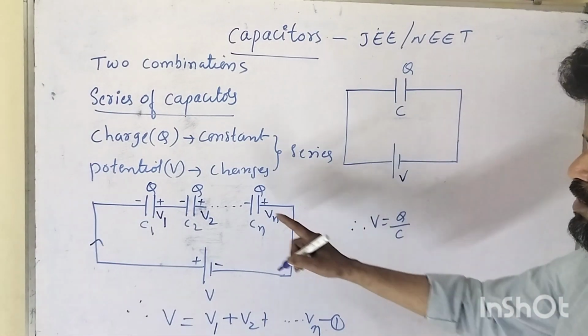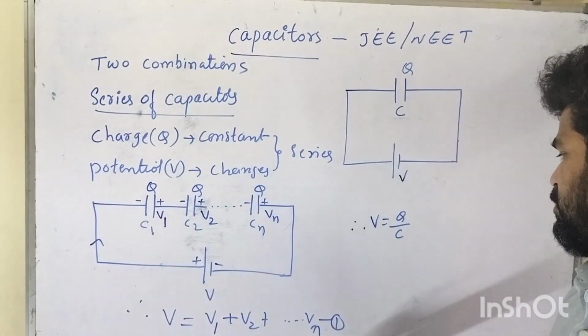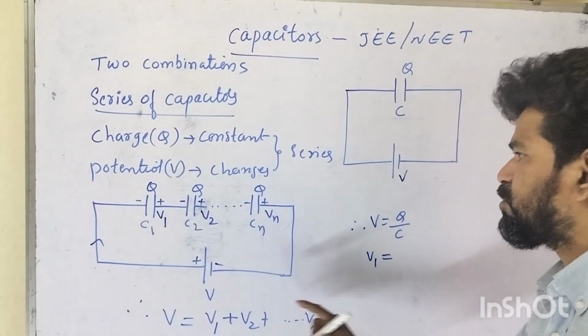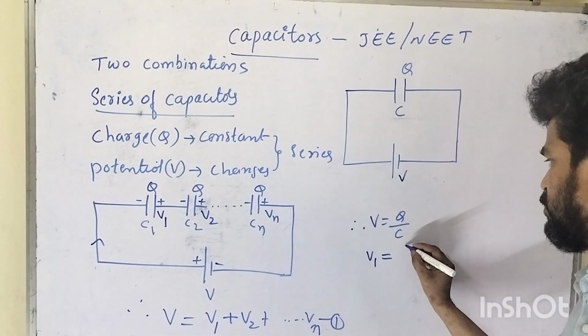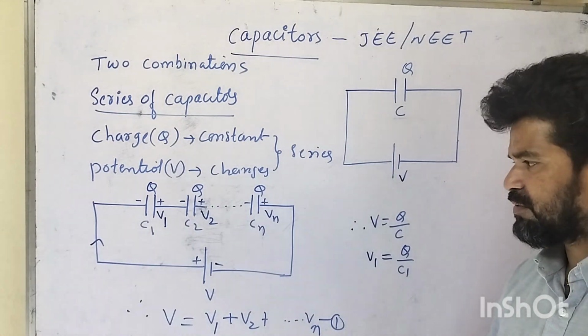Similarly, the potential at the first capacitor, V1, equals Q by C1, where Q is constant.